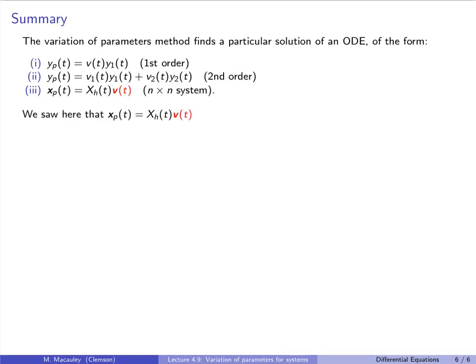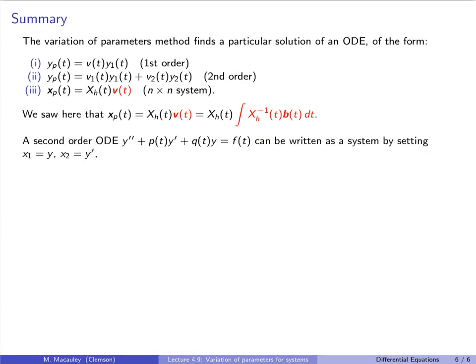We saw in this lecture that in the 2x2 case, this xh times v is xh times the integral of the inverse of xh times b of t, where b of t is the inhomogeneous or forcing term. It's not the first time we've seen it, but we also revisited the idea that a second-order linear ODE can be rewritten as a system by setting x1 equal to y and x2 equal to y prime, which gives us a system x prime equals A times x plus b.